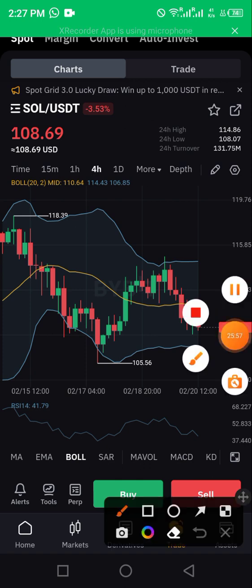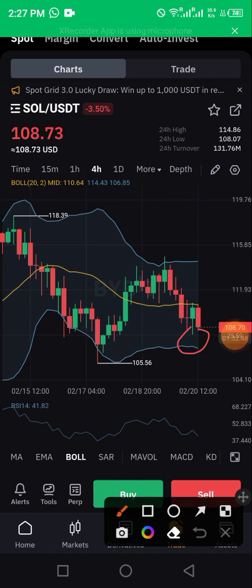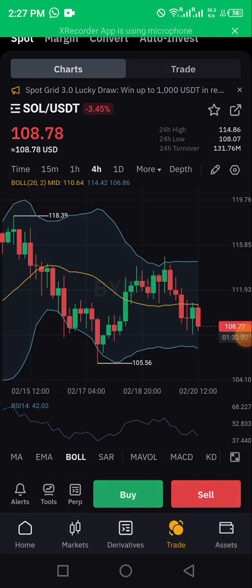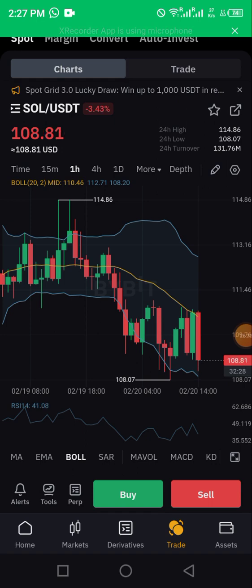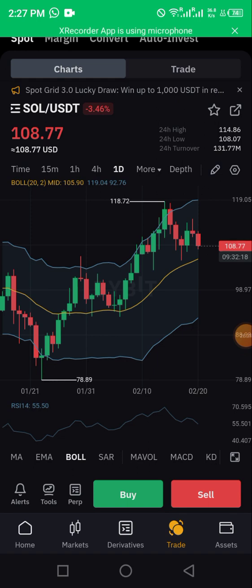As you can see, it's almost approaching the lower Bollinger Band, and the RSI is 41. This is on our 4-hour time frame. So we'll check the 1-hour time frame and the 1 day to see if it's still dropping. On the 1-hour time frame, it's still going down, still at 41 RSI. On the 1 day time frame, it's also dropping.